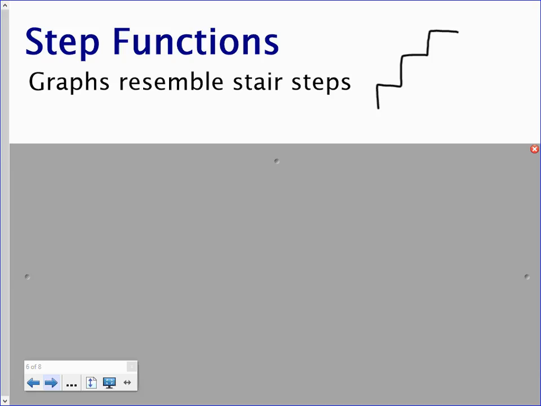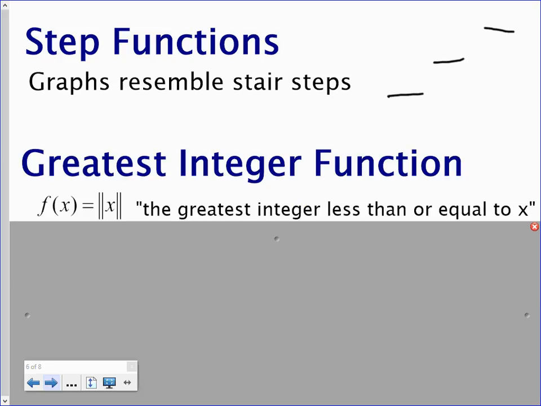So when we say that these graphs look like stair steps, they look like floating stair steps. So I imagine it like, if you have a deck, climbing a deck, you don't have that bottom piece right there. Now, one of the common step functions is the greatest integer function.